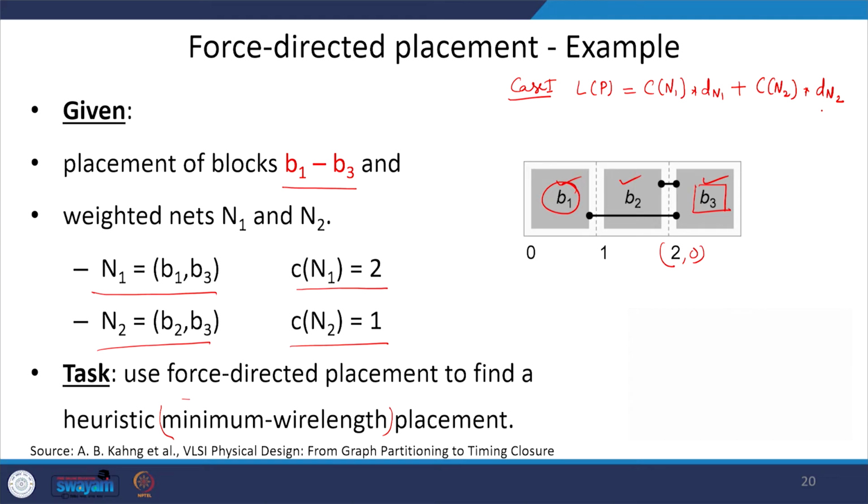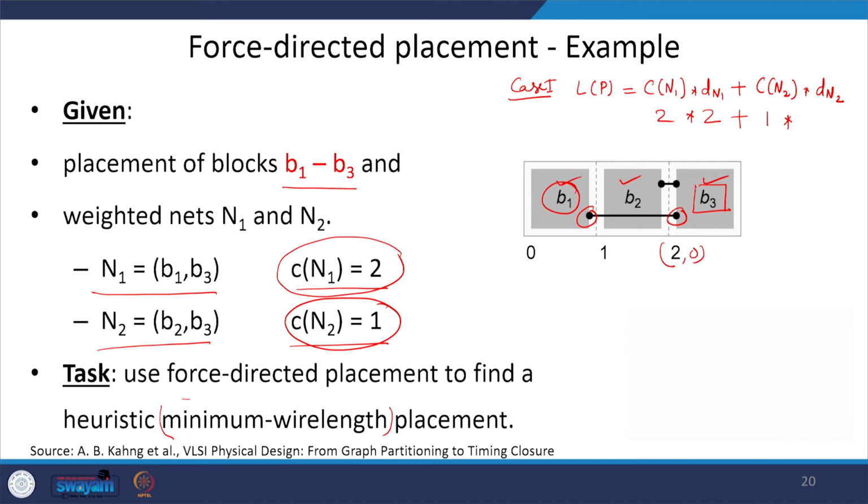Now, C of N1 is 2 here, and D of N1 is the distance from this to this, which is 2. Similarly, C of N2 is 1 here, multiplied by D of N2.